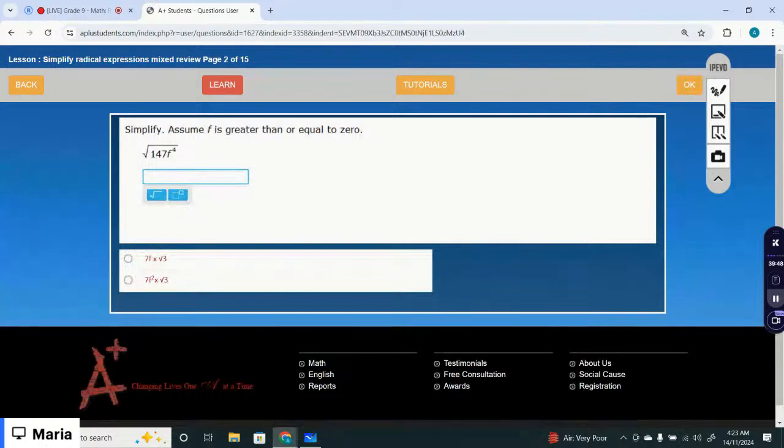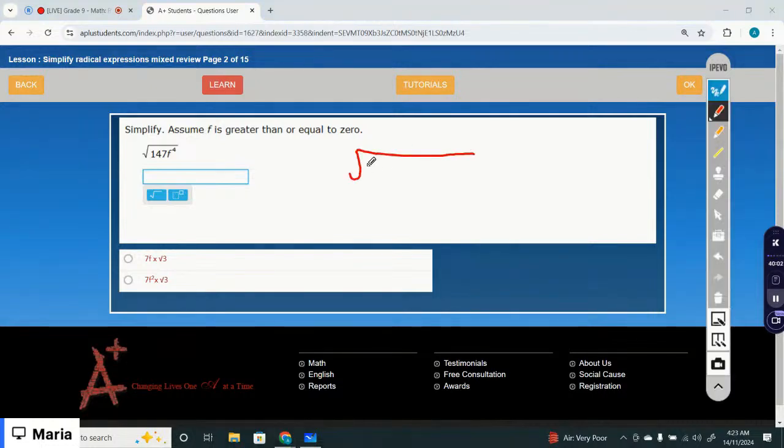Okay, the next one is square root of 147 f to the fourth. Let's factor out 147. You have to make the prime factors of 147. 7 times 7 is 49, and 49 times 3 is 147.